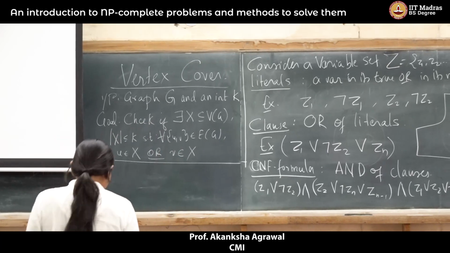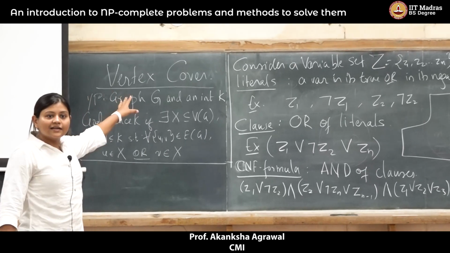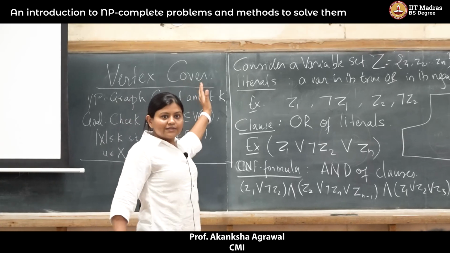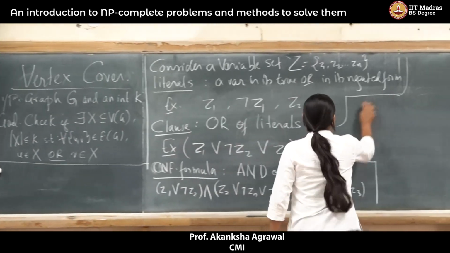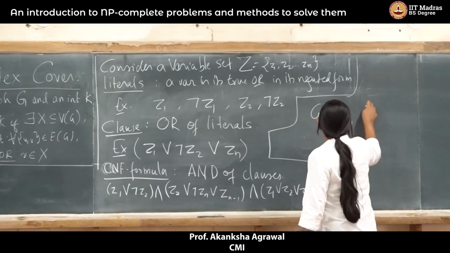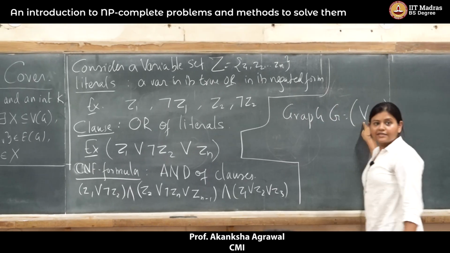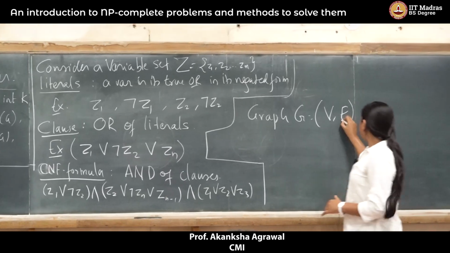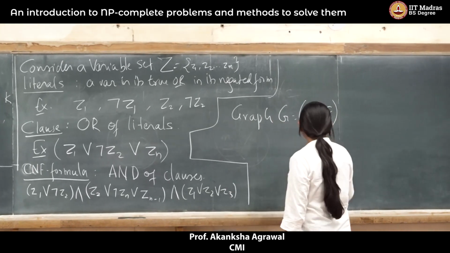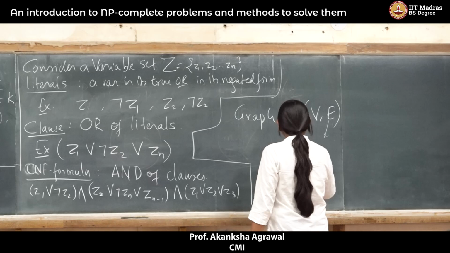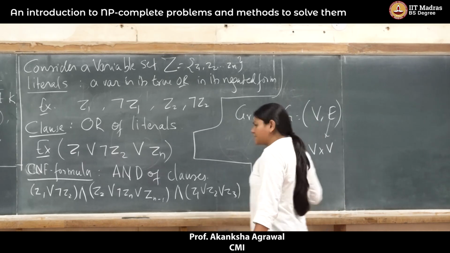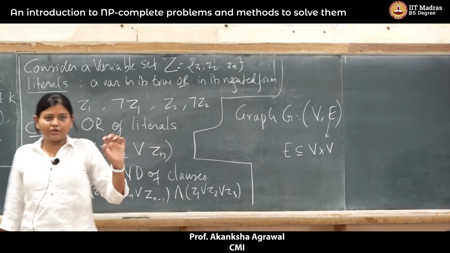Okay, sure. Do you know what a graph is? A graph is nothing but a pair V comma E. V is a finite set, and for our purposes it's a finite set, and E is a subset of V cross V of distinct vertices.